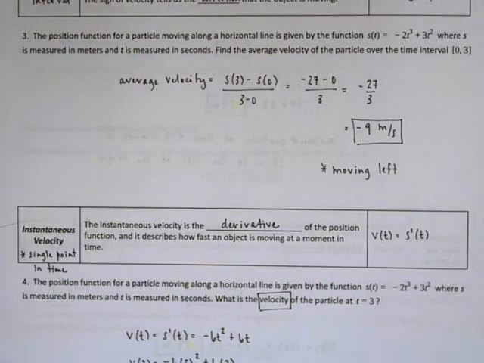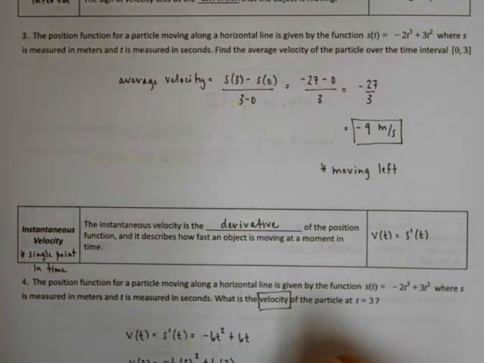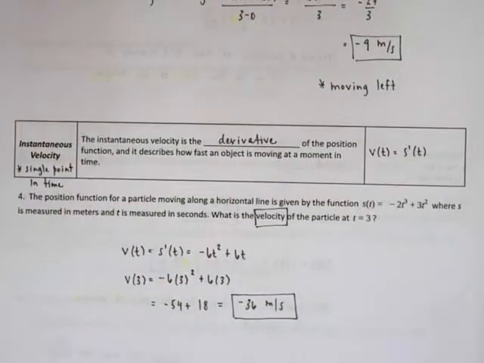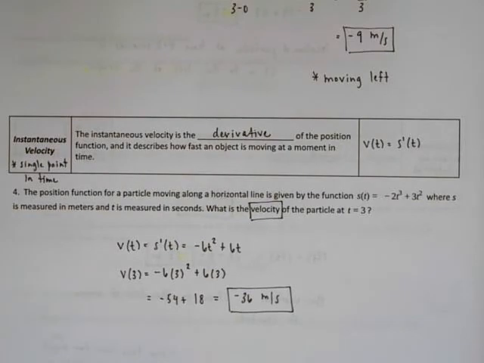And again, because our derivative is a rate, we have to be careful with our units here. Our units are still going to be meters per second. Oh, I'm sorry, you can't see that. Let me scooch that up. Again, those units are meters per second because we know our derivative is a rate.